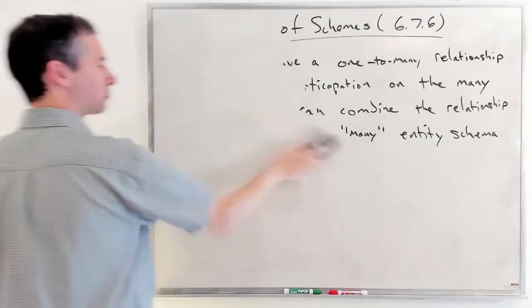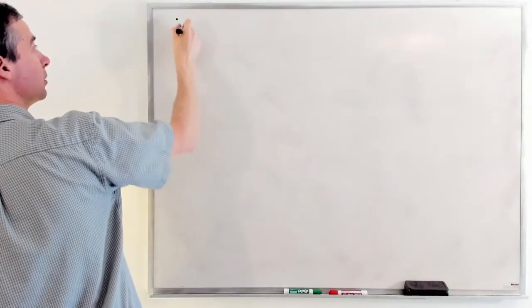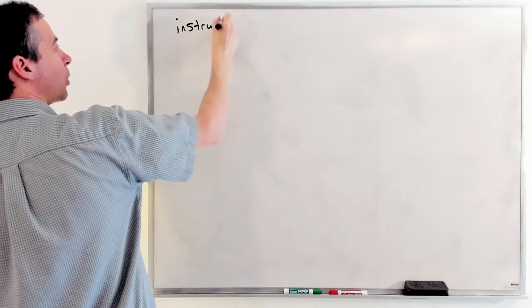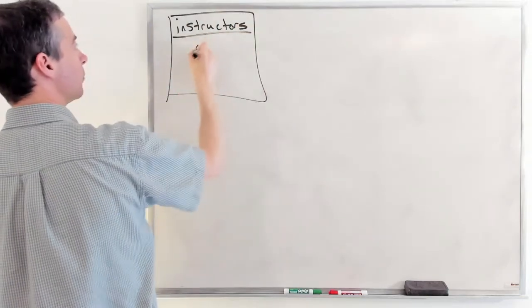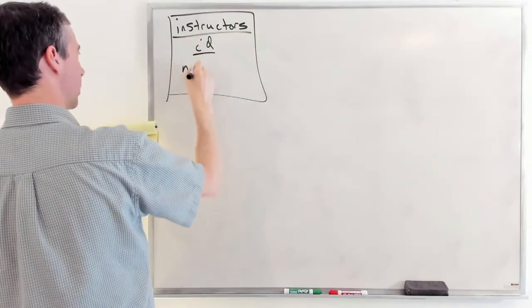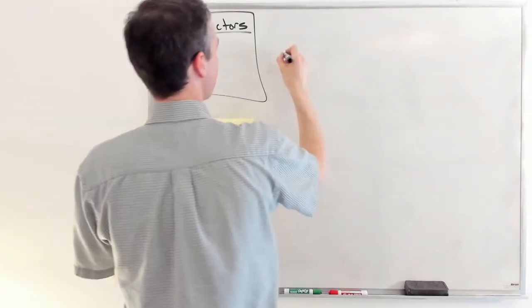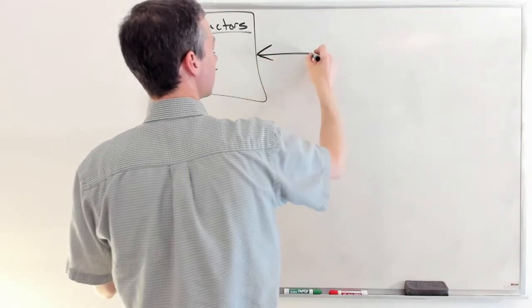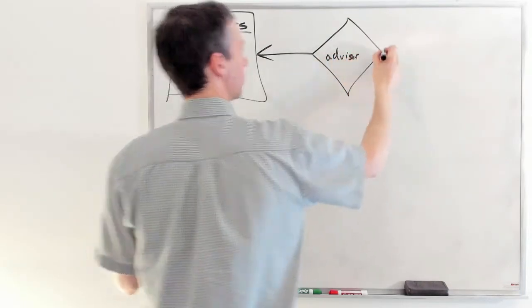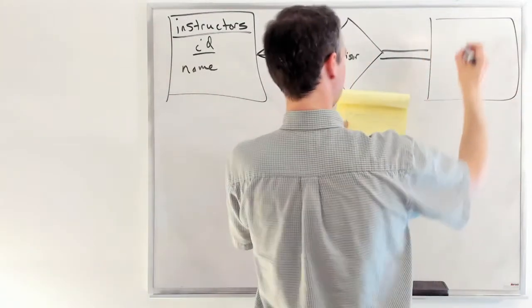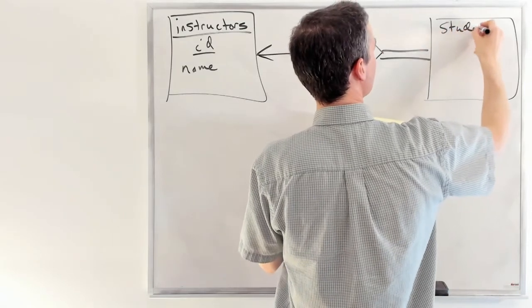We're going to do the instructors and the students again, but this time we're going to set it up differently. We're going to require that students have an advisor, whereas before it was optional. Making it required is the notion of total participation, so we have double arrows here that connect us to our students entity set.